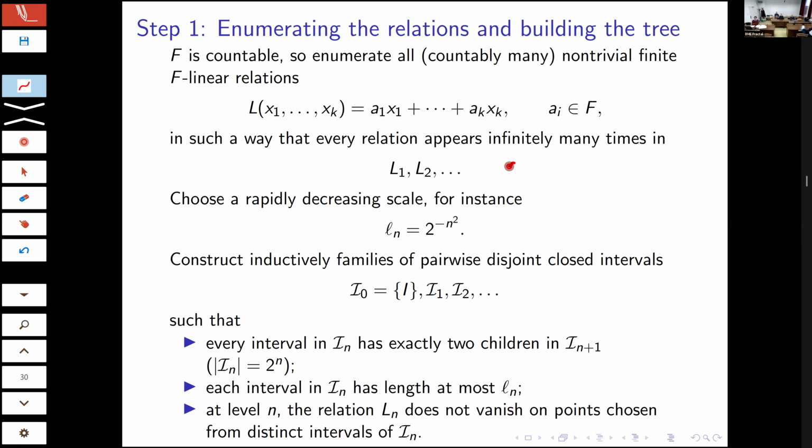We should also take care that this linear expression doesn't vanish: if you take n points from n different intervals, it cannot satisfy that when I put them in the variables. So I choose in this way.